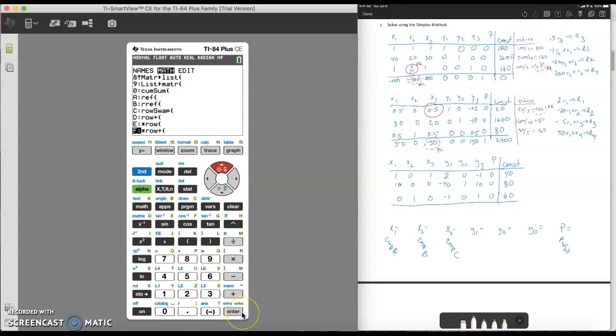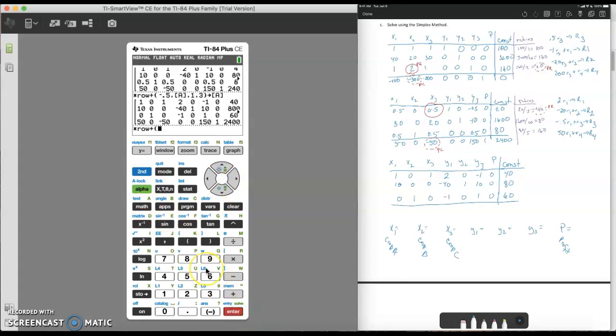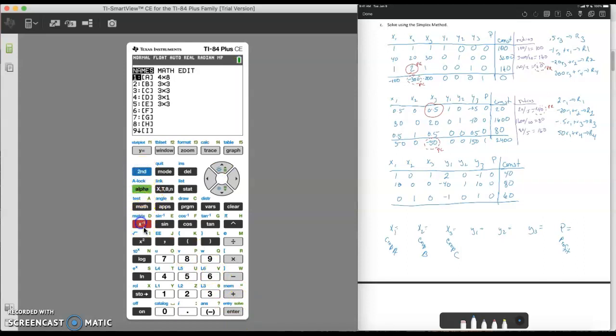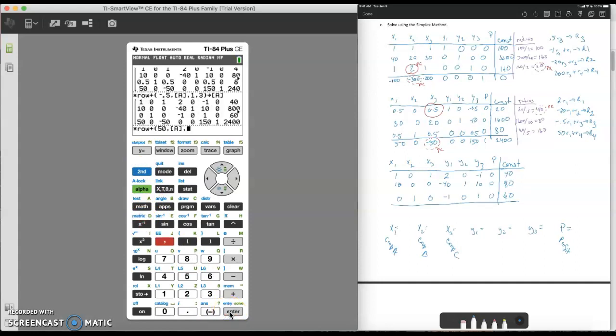One more, and hint, hint, this is going to get us optimal. So this time we're doing times 50. Matrix A to row 1 to change row 4. Store it again.